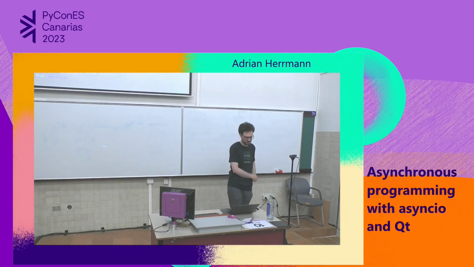Hi, thank you for your presentation. I was wondering, in C++ we have public slots, but also private slots. Do we have private slots in Python as well? Well, in Python, you don't really have private and public in that sense, right?